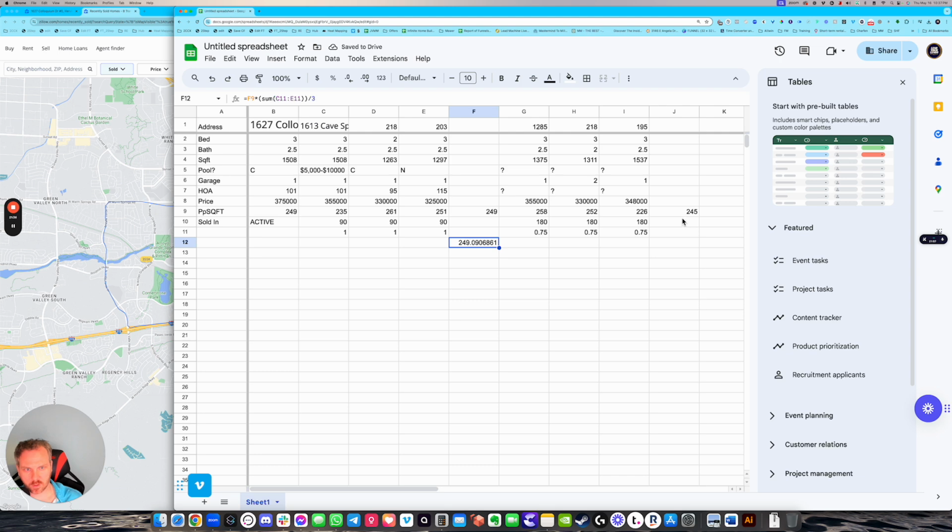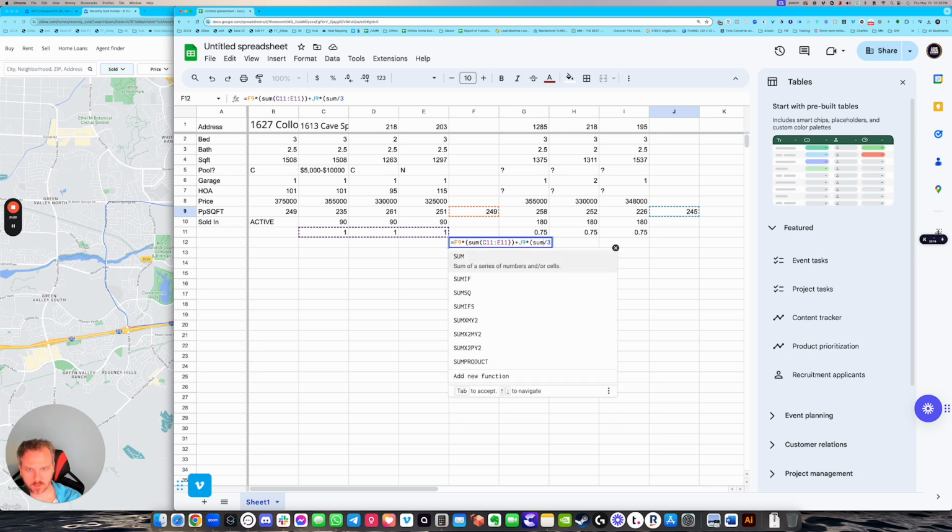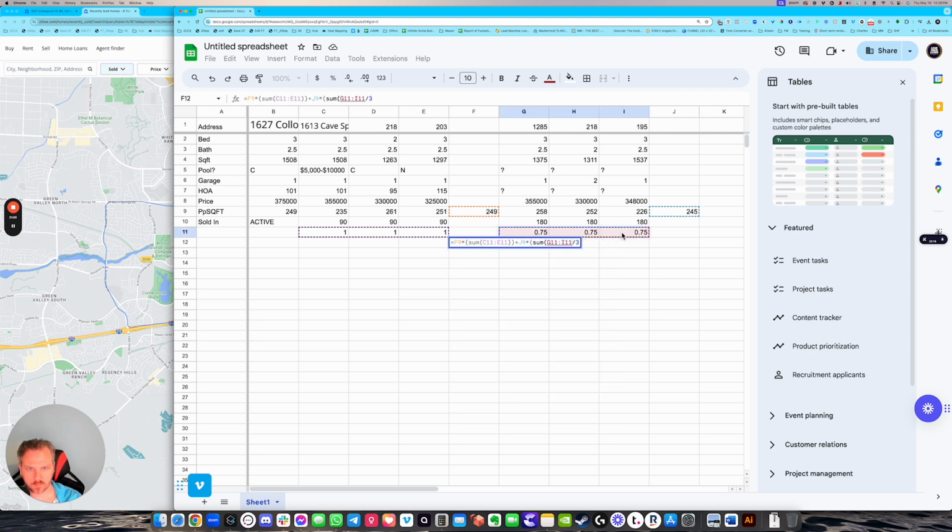Okay, so 249, which we already know that, but so then it's plus this times the sum of this and it's divided by 6.